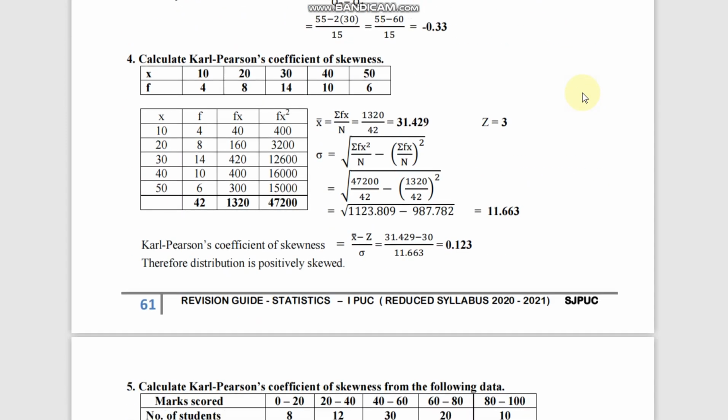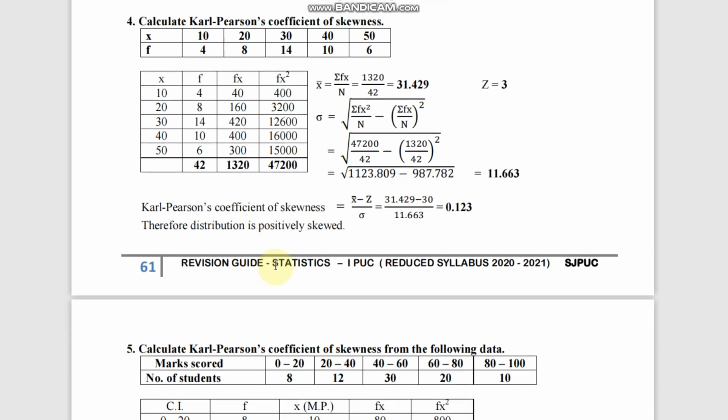You can also check whether a distribution is positively skewed or negatively skewed, because for a positively skewed distribution, mode will be the least and mean will be the highest. So here the mean value is highest as compared to the mode value. Hence the distribution is positively skewed. We have to write the conclusion here. This is a 10-mark question.